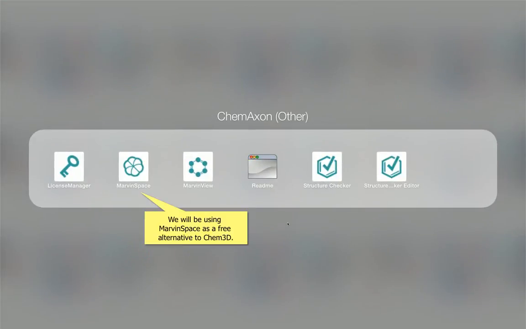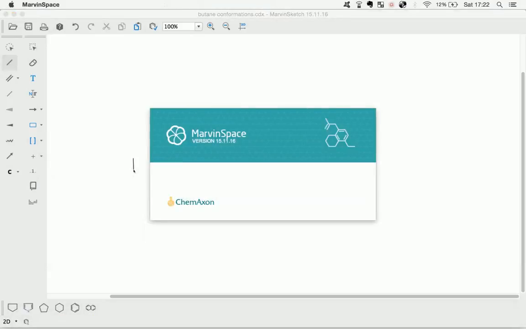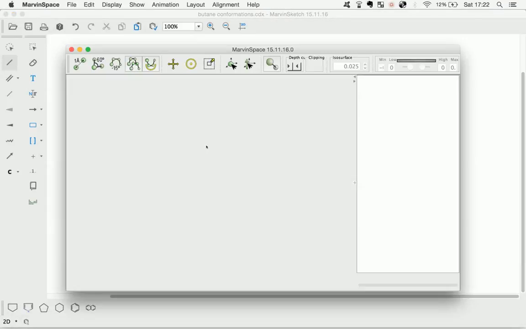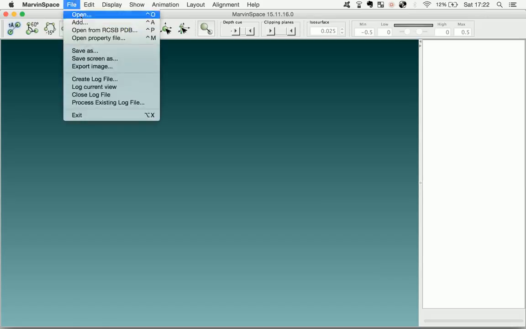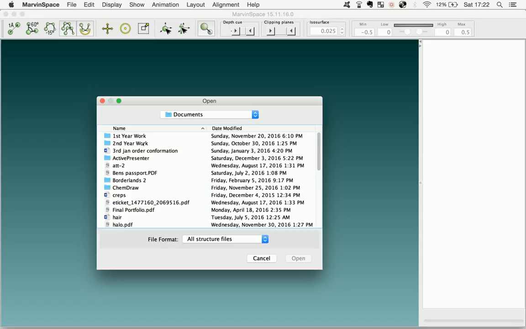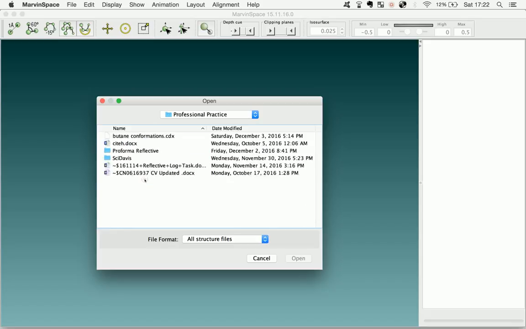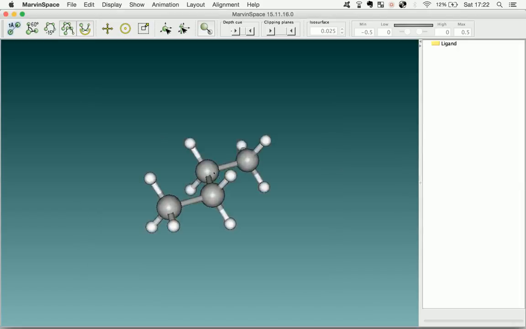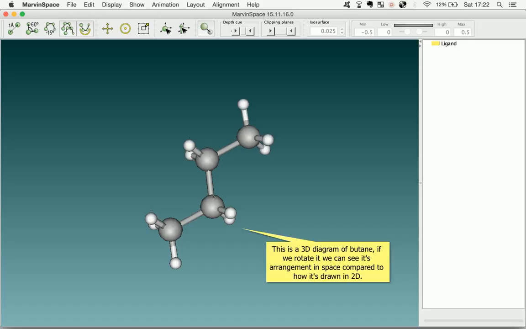We will be using MarvinSpace as a free alternative to Cam3D. This is a 3D diagram of butane.